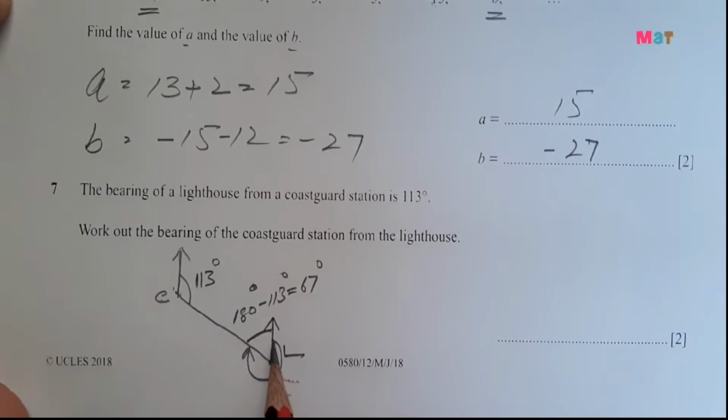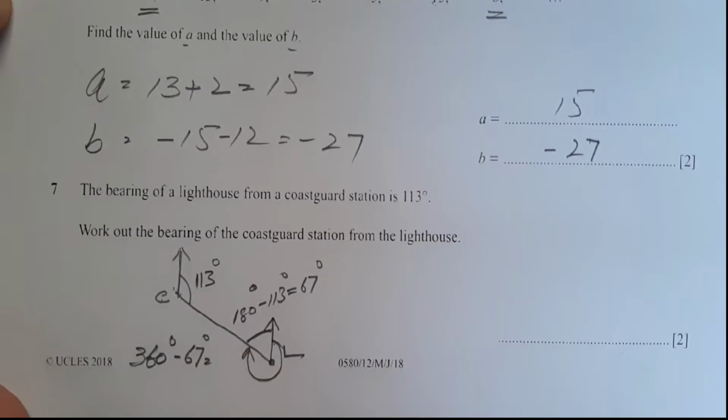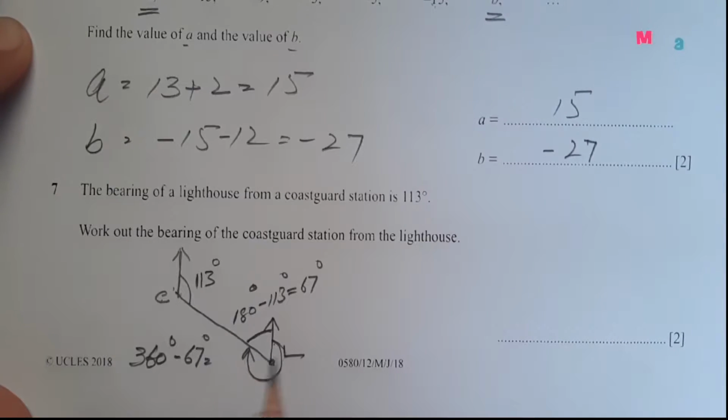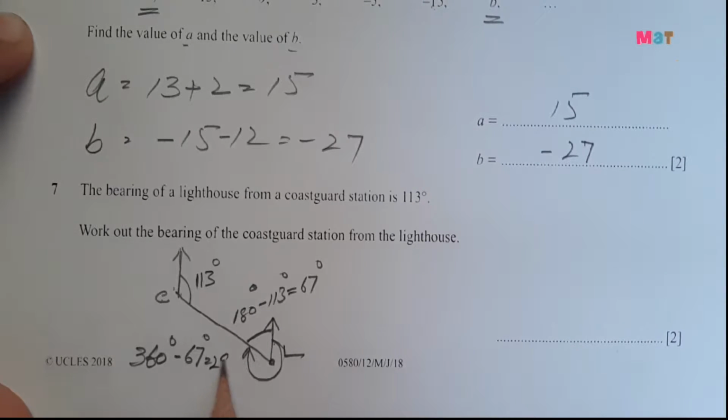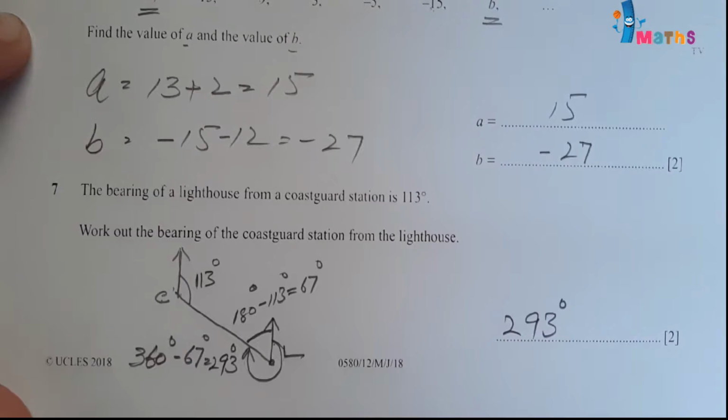And so this angle will be 360 minus 67. So we can write 360 degrees minus 67 degrees, which is equal to 293 degrees. So our answer will be 293 degrees.